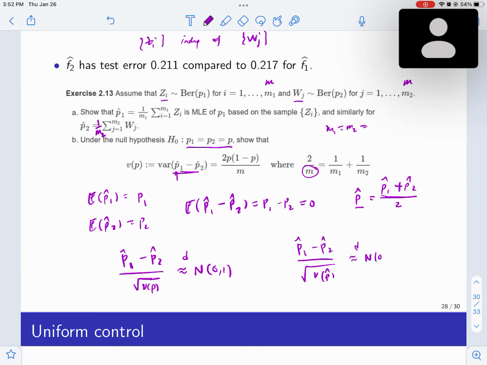So I get (p hat 1 minus p hat 2) over root V of p hat, approximately normal. The key is that I want an estimate of the variance, which is controlled by the sample size. If I have that, then I know how far I am.